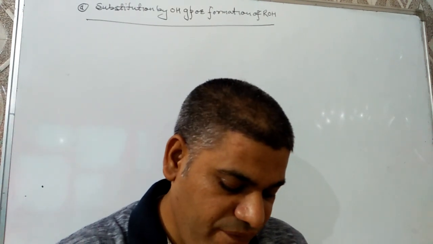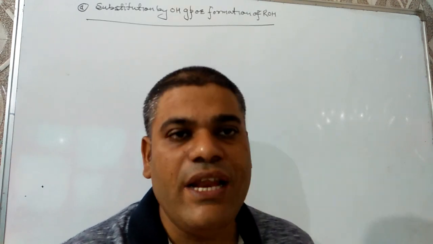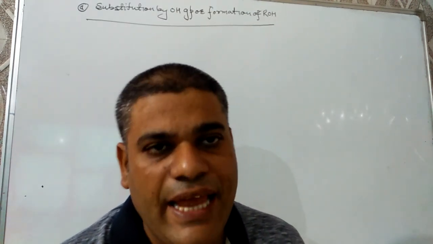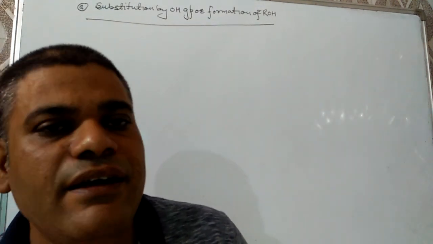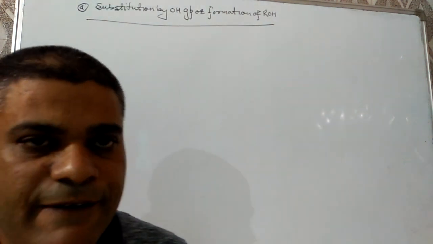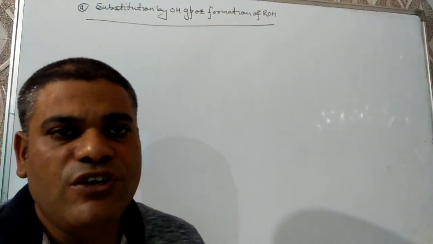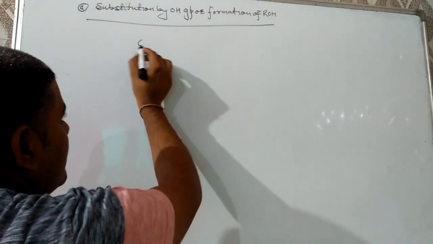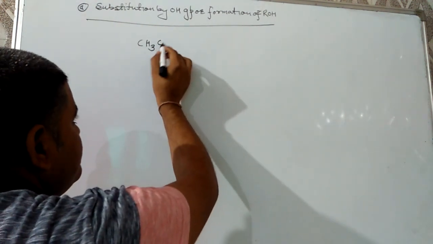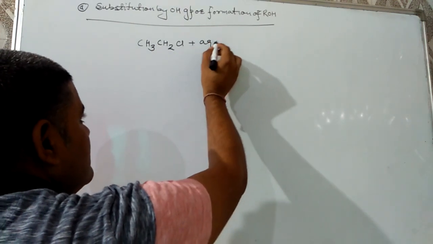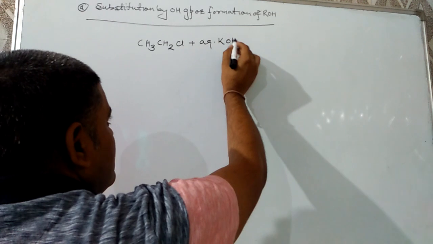But if alcoholic KOH is there, then the product formed will be alkene. The reason is that in alcoholic medium, basicity is stronger than nucleophilicity, but in aqueous medium, nucleophilicity is stronger than basicity. I am taking an example: if chloroethane reacts with aqueous KOH, then what happens?